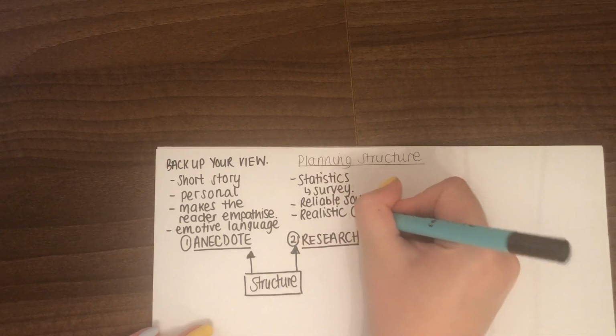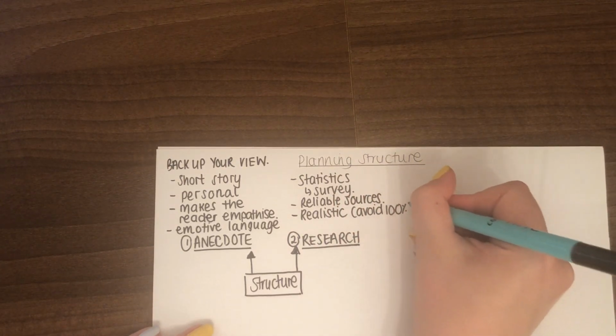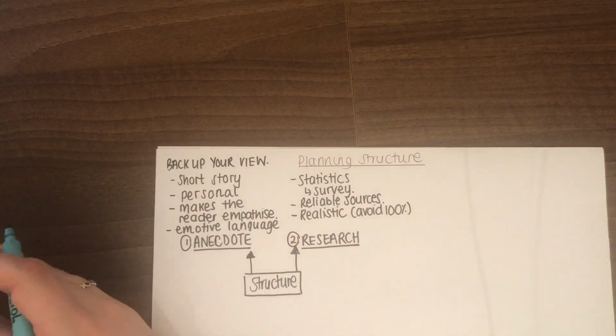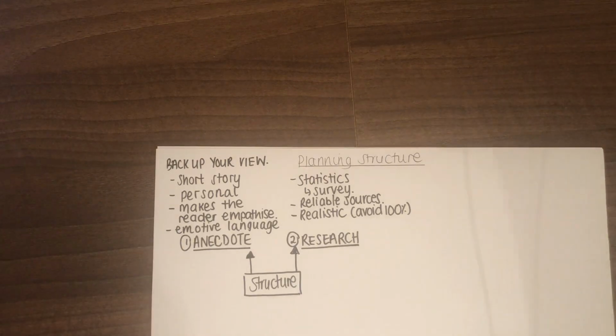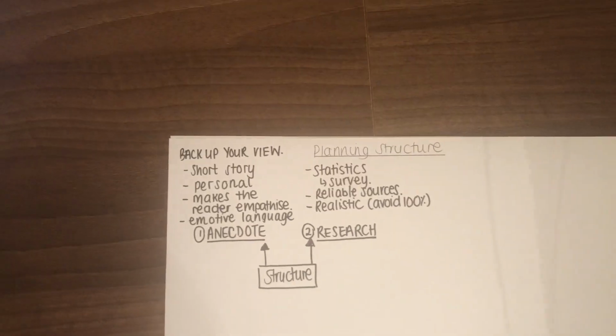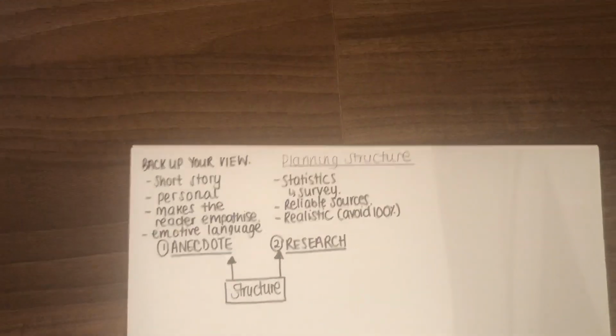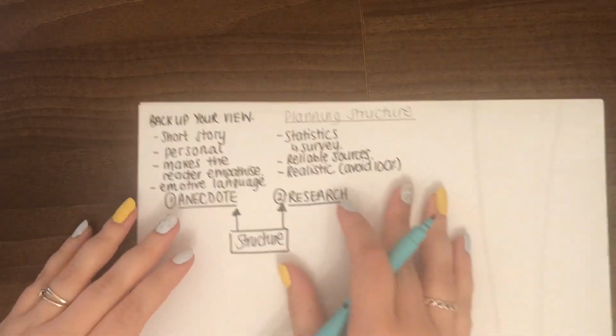And what I mean by that is always avoid saying 100%. I don't think I've ever heard of a questionnaire or a survey where 100% of people all agreed on the same thing. So be realistic, give yourself a realistic percentage that still backs you up, but isn't something that sounds like someone's made it up.